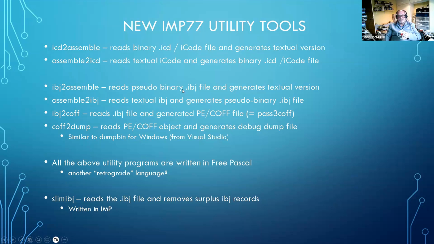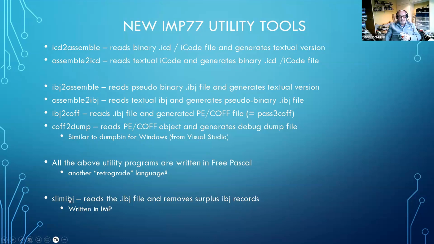So they take that pseudo IBJ file, and one creates the text and the other takes the text, converts it back to the IBJ file. And of course, they've got the IBJ to COF, which I mentioned. There's also a COF to dump, which is similar to dumpbin from Windows. All of these are in Pascal, which some might say is another retrograde language.